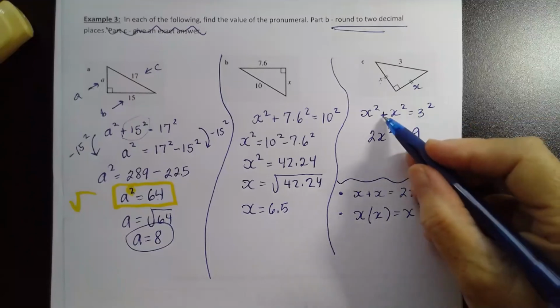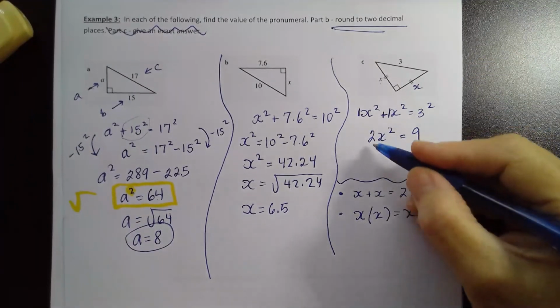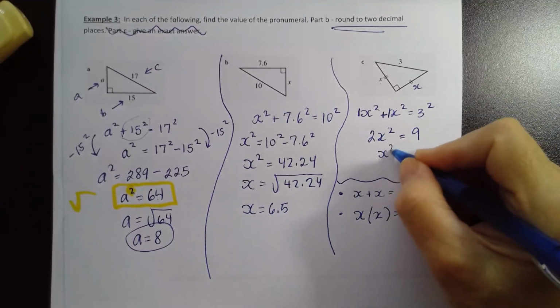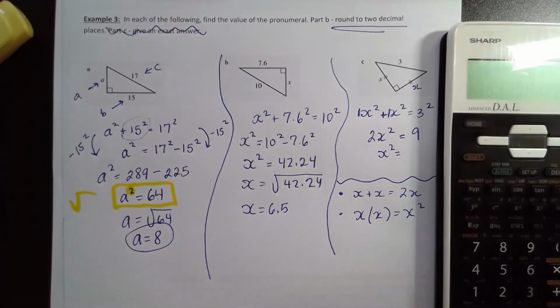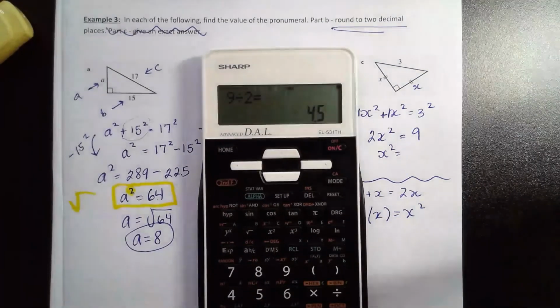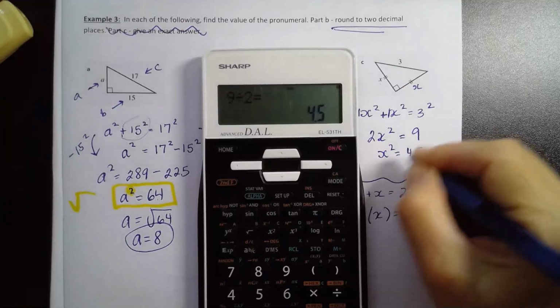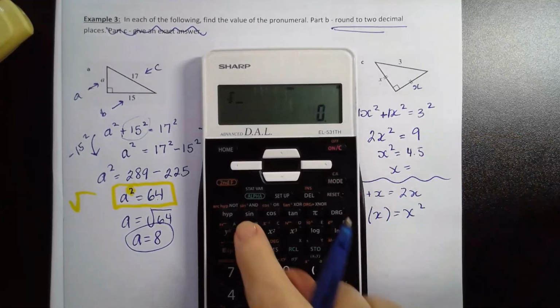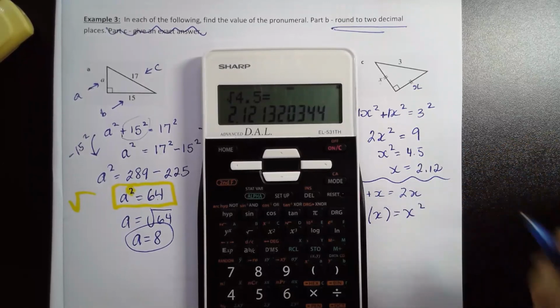All right, so since I'm adding, I just add the numbers in front, and the numbers in front are 1s. And I'm going to divide by 2. 9 divided by 2 is 4.5. See what I did? 4.5. There you go, 4.5. And then I do x equals the square root of 4.5. Okay, well done.